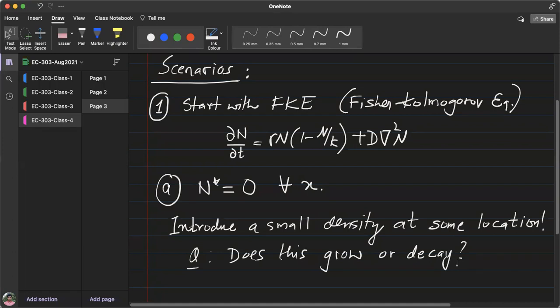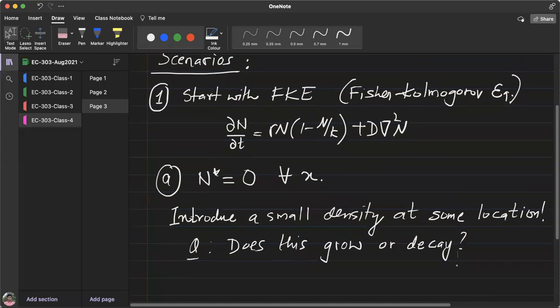However, a new mutation introduces another allele, maybe with a selective advantage. Now the question is, how does it spread in space? So these are the various simple scenarios: invasion, mutation selection, and introduction of a species in the original landscape.